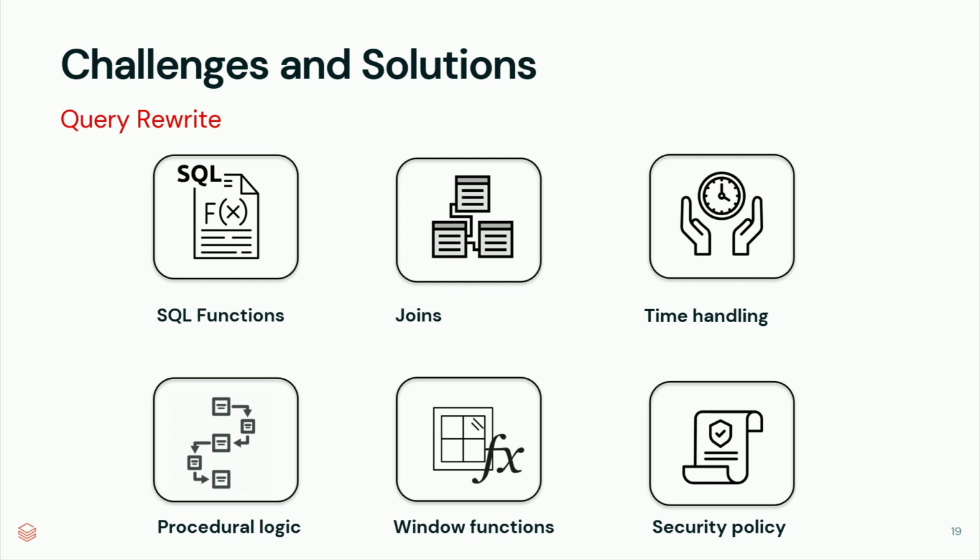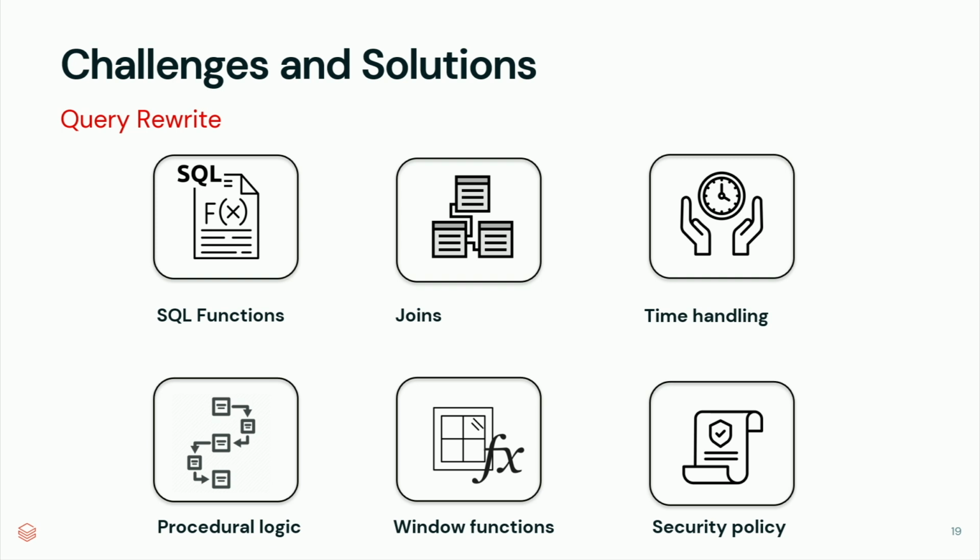Joins posed another challenge, as Databricks uses a different optimization strategy. Performance was enhanced by adding broadcast hints and optimizing shuffle operations, which dramatically improved the join speed for very large data sets. For the time handling discrepancies, as I said before, the timestamp logic threatened the consistency.